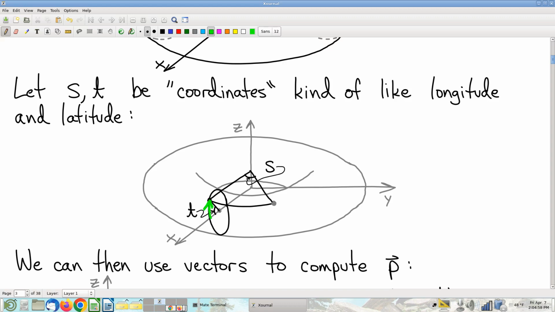Now, notice this is not an angle measured from the origin. This is an angle measured from the middle of the dough, the center of the circular cross section of dough, where we measure this angle that I'm calling T. And then the next angle that I would suggest is this angle right here, which you can think of as telling you by what angle you go around the hole. And notice that's basically theta.